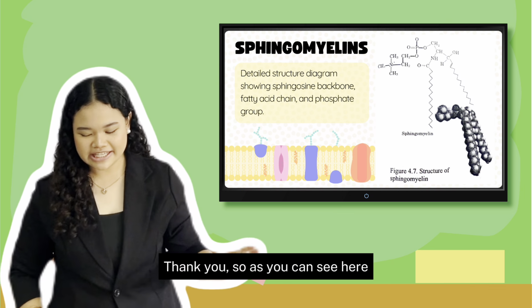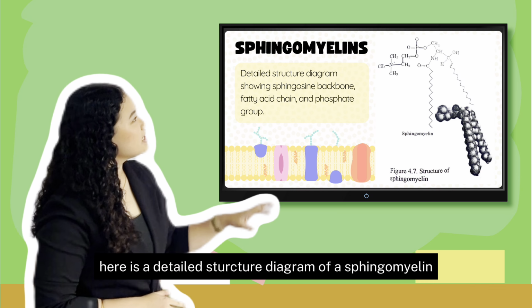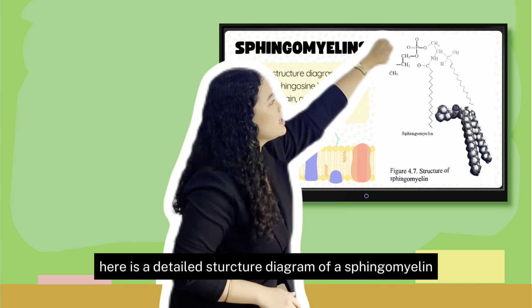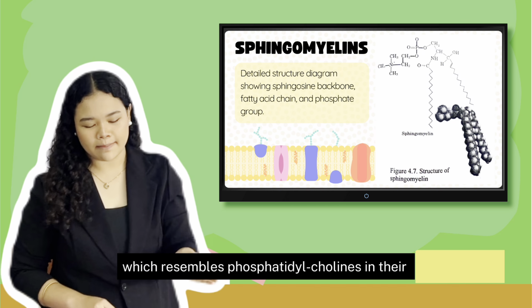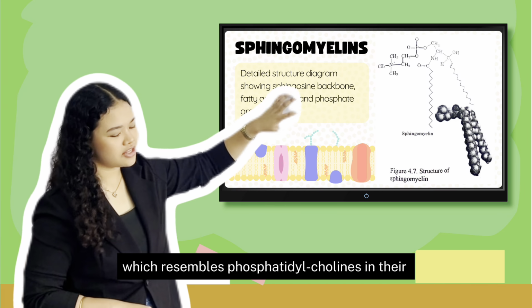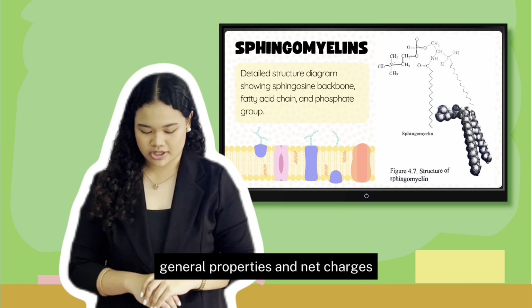Thank you. So as you can see here, here is a detailed structure diagram of a sphingomyelin, which resembles phosphatidylcholines in their general properties and charges.